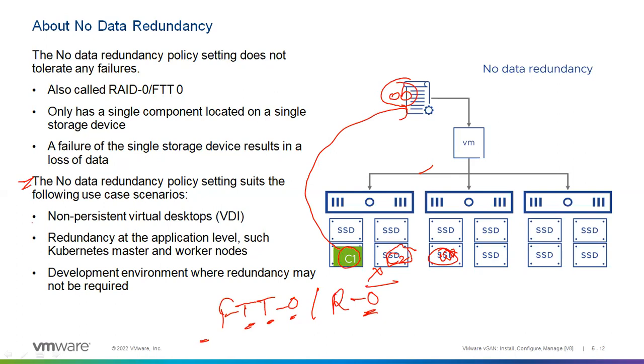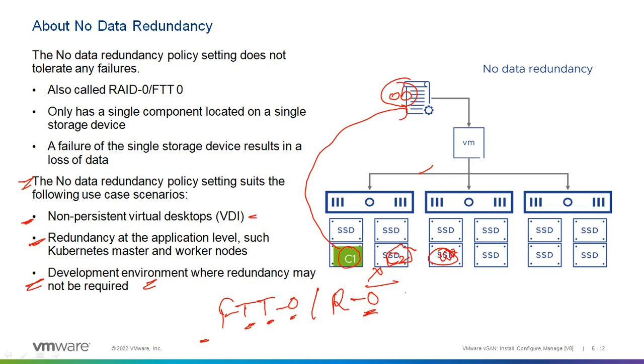We apply it where we don't want data redundancy especially, such as where we have configured application-level clustering, or a non-persistent VDI environment. Non-persistent means one-time use: you access it, use it, and next time a new VDI will be provisioned for you. It also fits where we have application-level redundancy, or just development data that I can recreate.